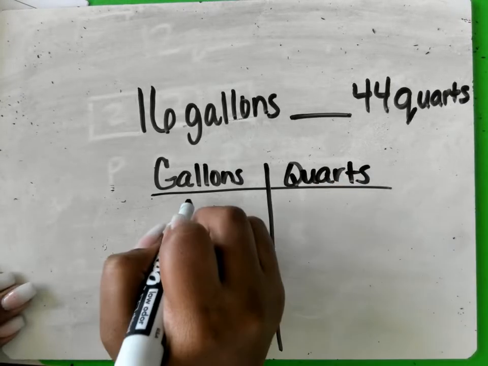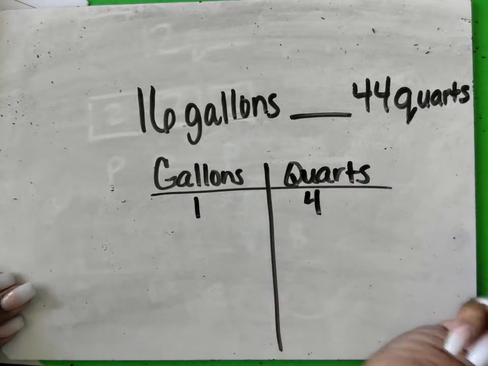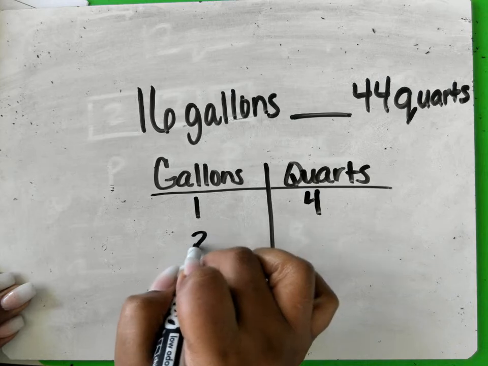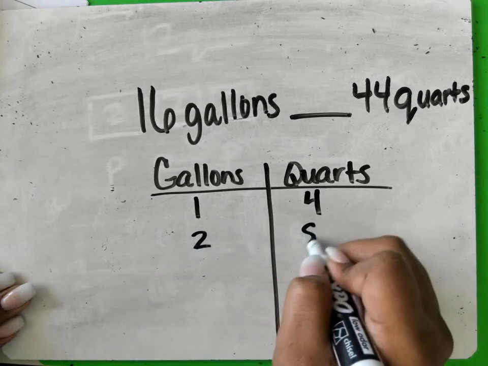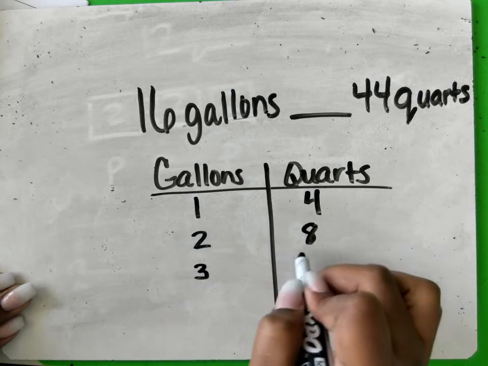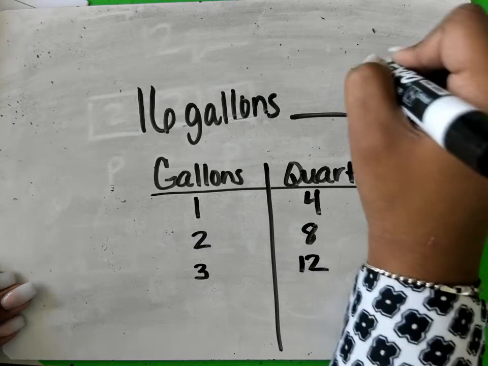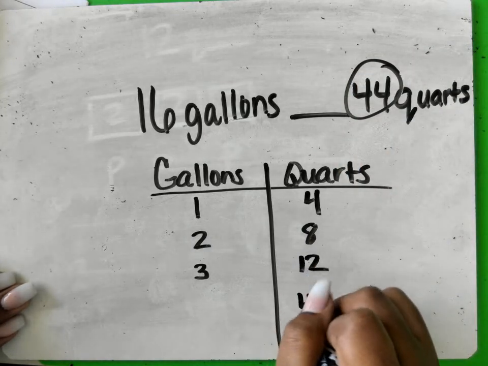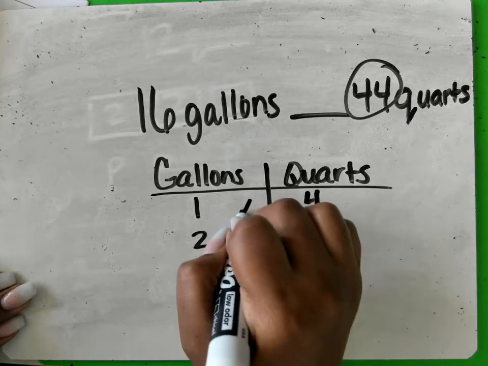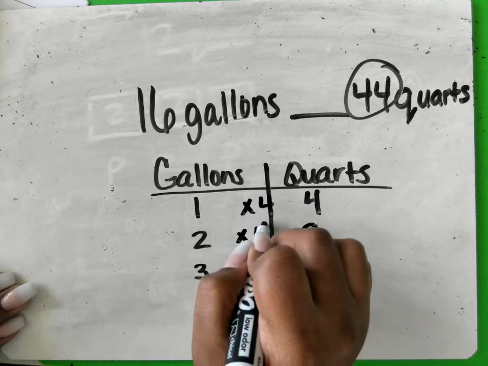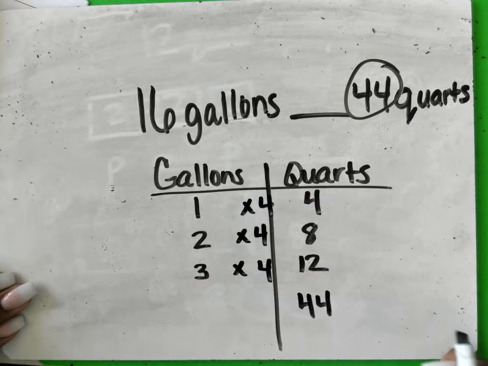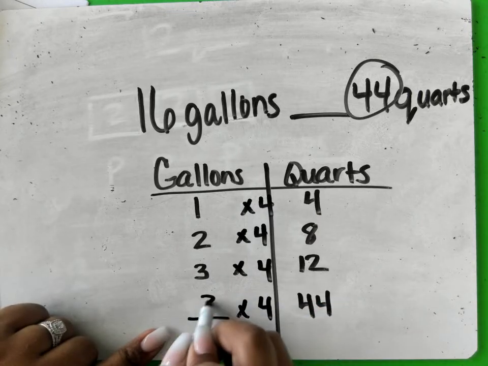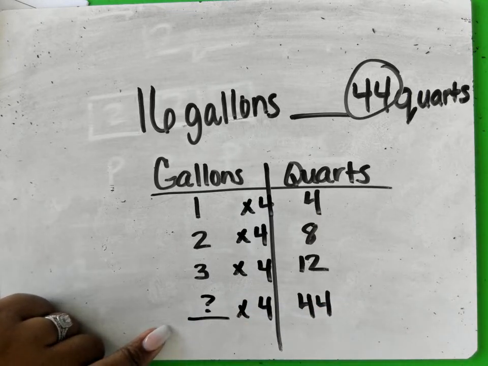Okay. Let's see. I know that 1 gallon is 4 quarts, right? 2 gallons is 8 quarts. 3 gallons is 12 quarts. I want to convert my 44 quarts, right? So I'm going to put 44 here. I know that my rule is times 4. If I do 4 here, I'm asking how many gallons is 44 quarts, right?